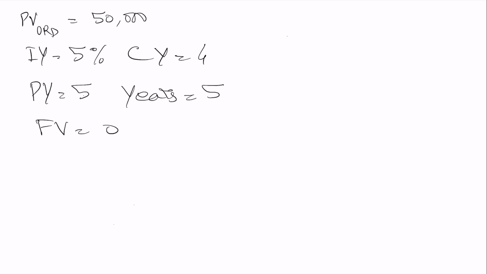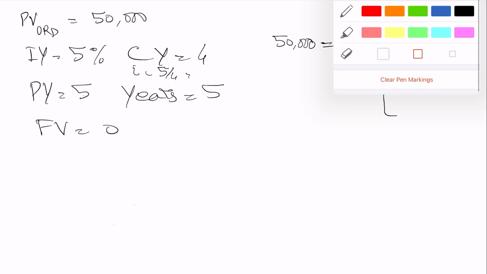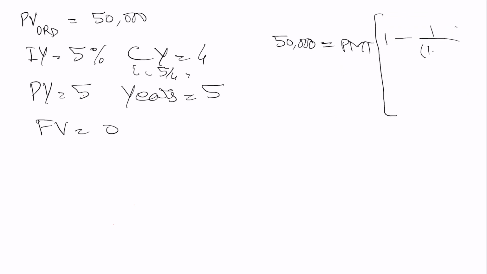So we apply the formula like $50,000 is equal to PMT, and the formula is saying 1 minus 1 over 1 plus 0.0125, because if we find out I here, which is 5 divided by 4, so 1.0125 exponential 4 by 4, P/Y over C/Y.